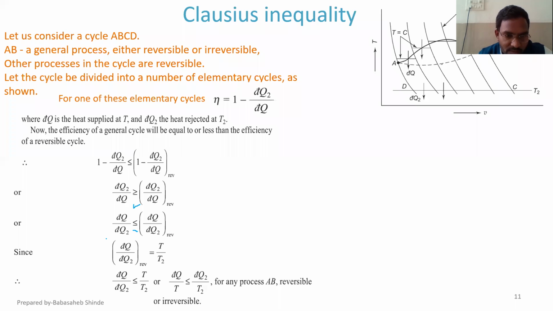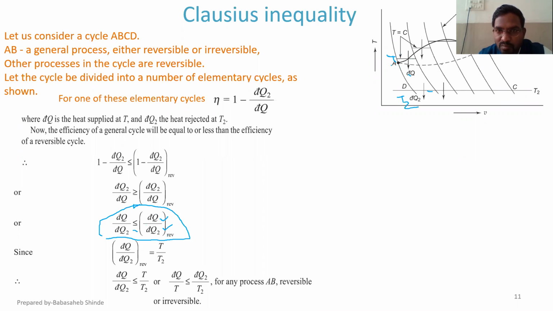Now, after this point, we have reached till this point. For a reversible cycle, dq and dq2: dq is the heat entering at temperature T and dq2 is the heat leaving at temperature T2.